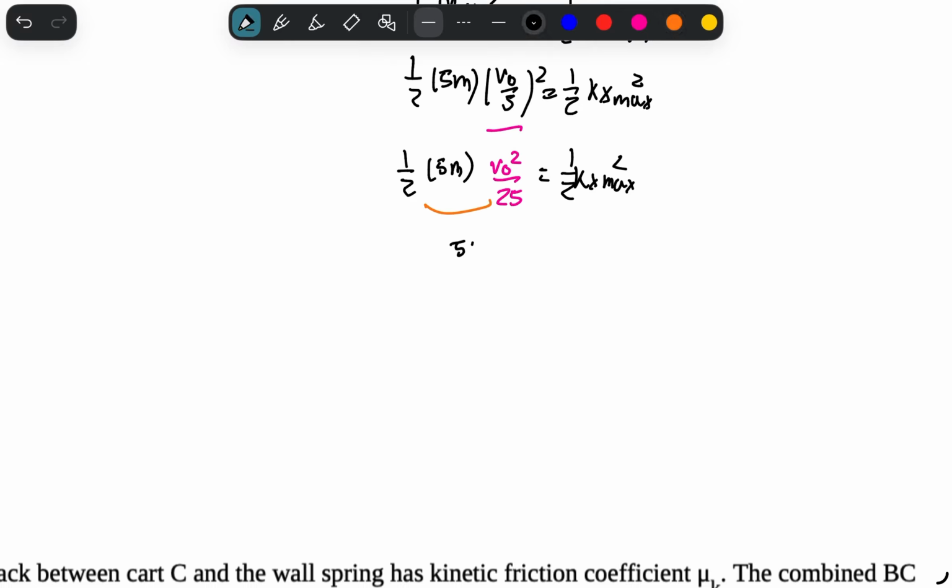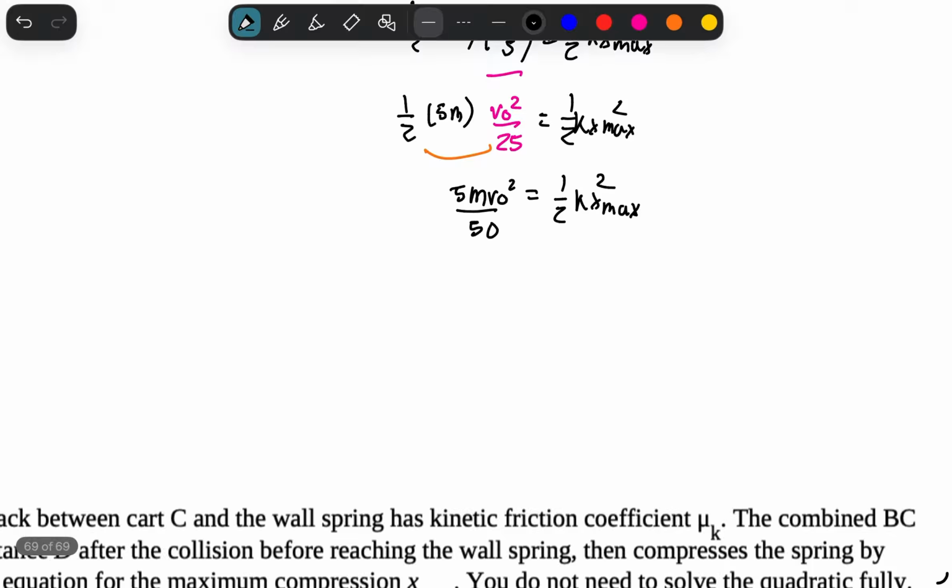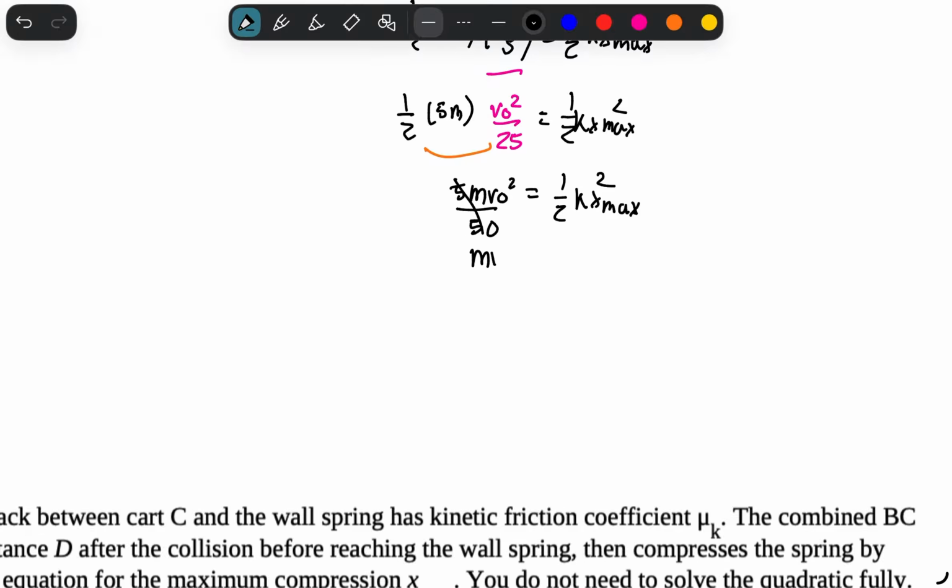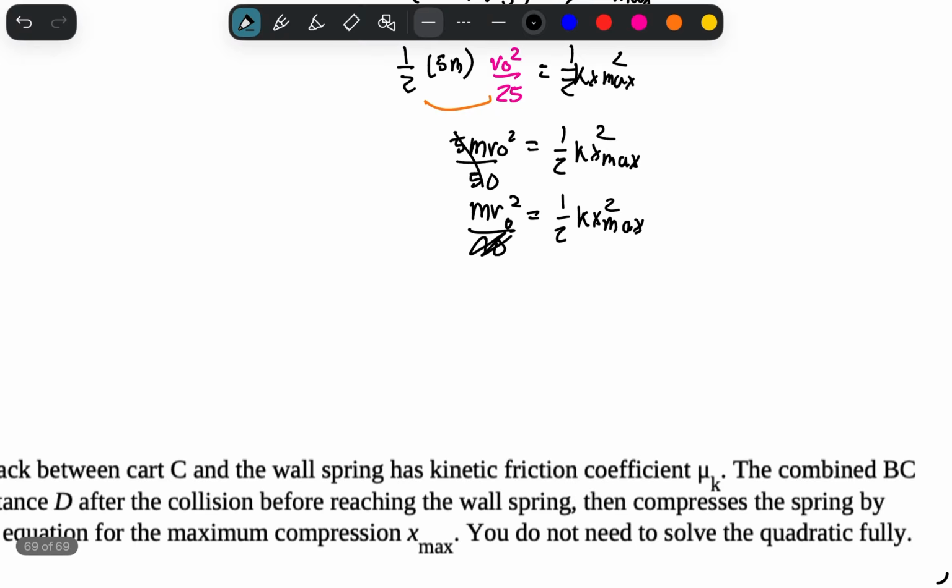So you have 5m v initial squared all divided by 50 is equal to 1/2 k x max squared. Then you have canceled that, 5m v initial squared is equal to 1/2 k x max squared all divided by 10. So then you can multiply both sides here by 2.